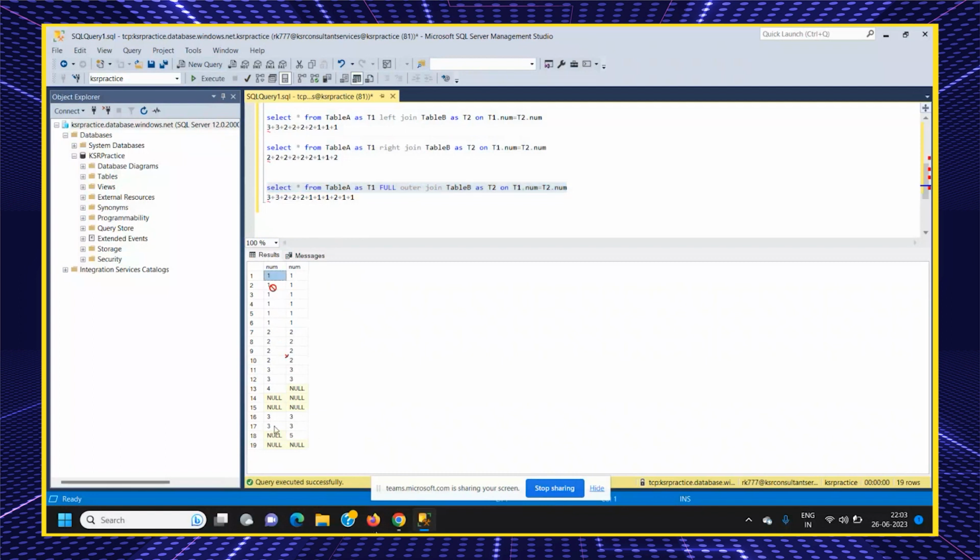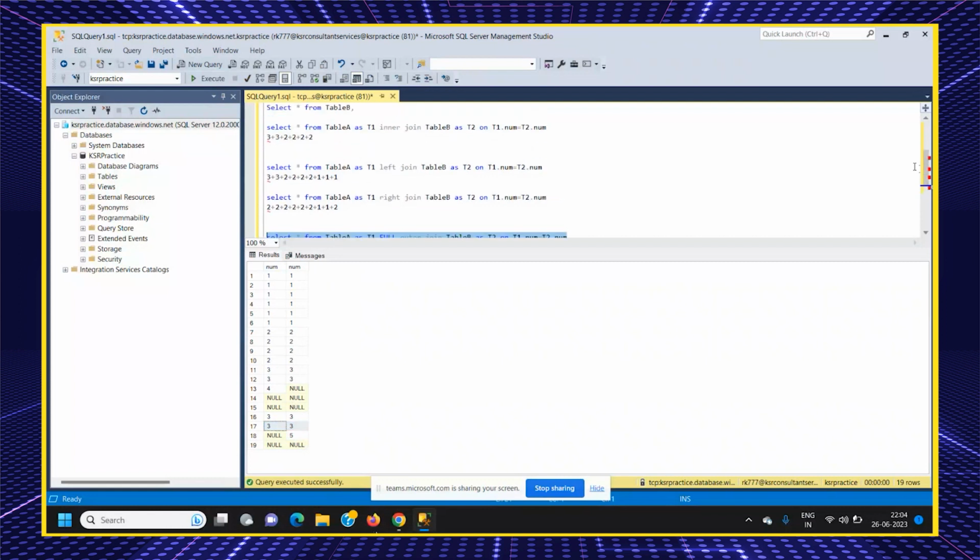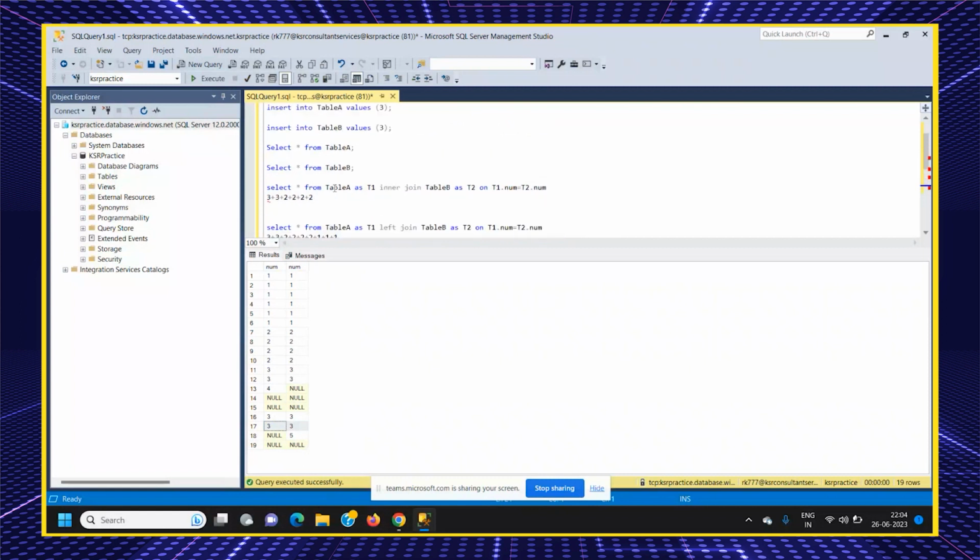All the matching records, and also matching and non-matching records from both the tables. So this is how the complex join works. It might look easy to us when an interviewer asks, but to answer, as there would be a number of duplicates available, we might be a bit confused.